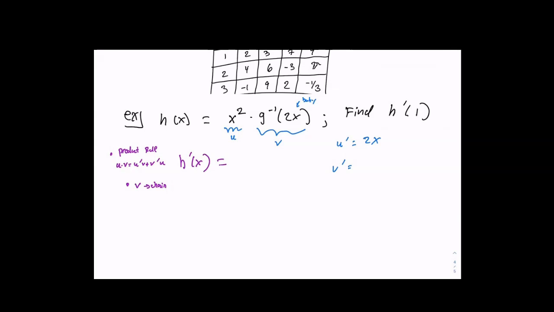If it wasn't just a 2x and it was just an x, what would I have done? I did 1 over g prime of the inverse g of 2x, and then times 2. Correct.